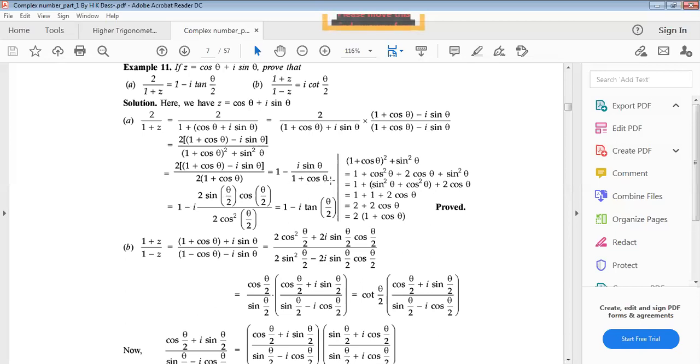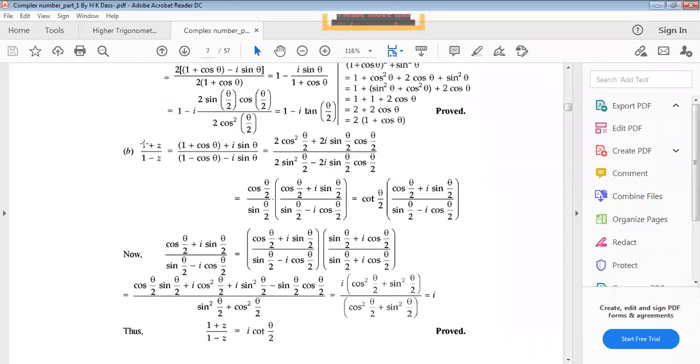So 1 plus cos twice a is 2 cos square a. Then after cutting one cos from up and another cos from down, we get i tan theta by 2. So 1 minus i tan theta by 2, which is the required right hand side. We can put this (a plus b) whole square formula, a square plus 2ab plus b square, then sin square theta plus cos square theta cancel, then we get this. Just putting this one.